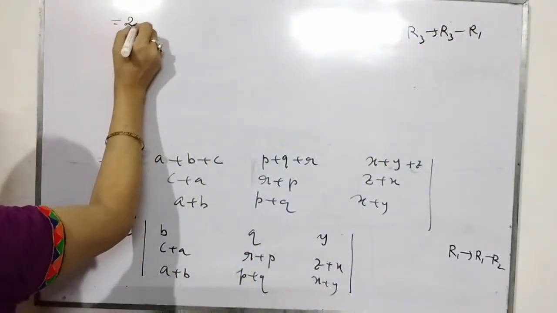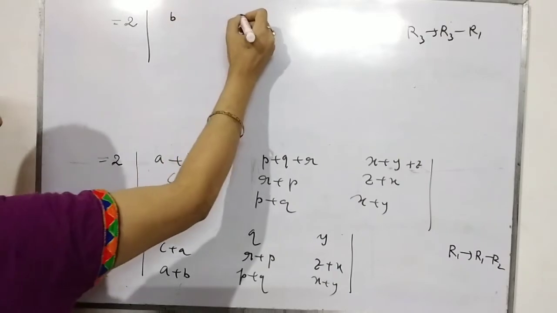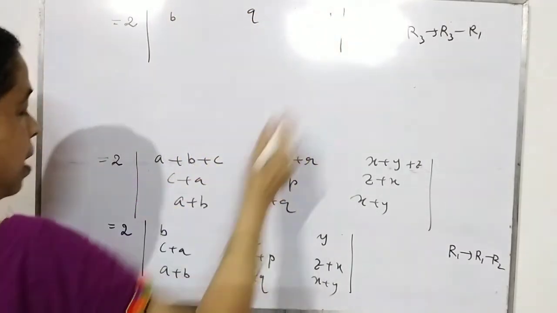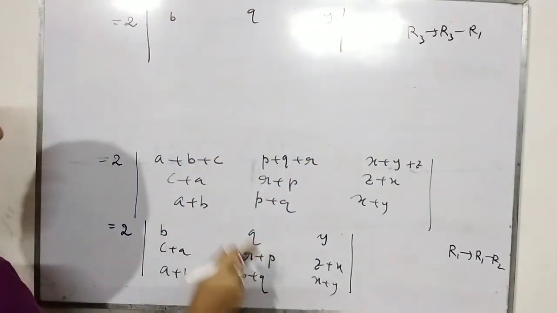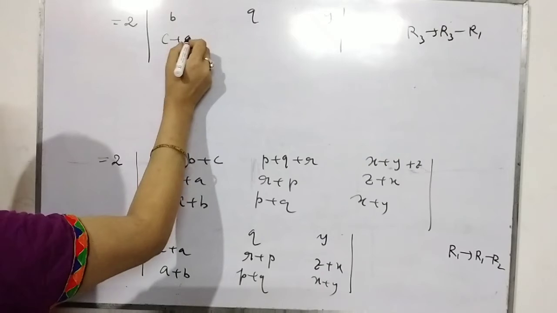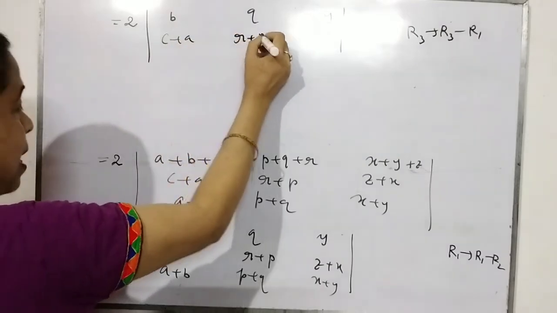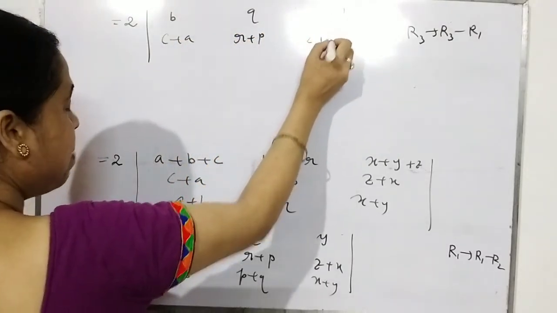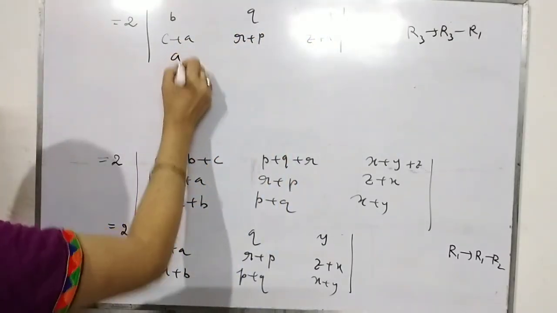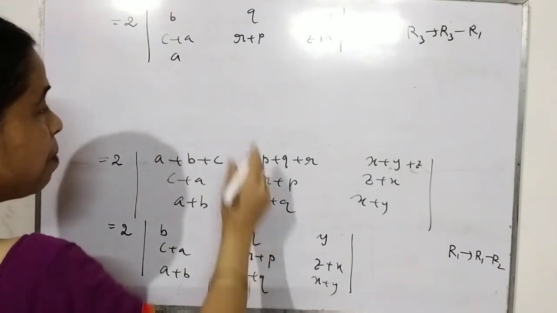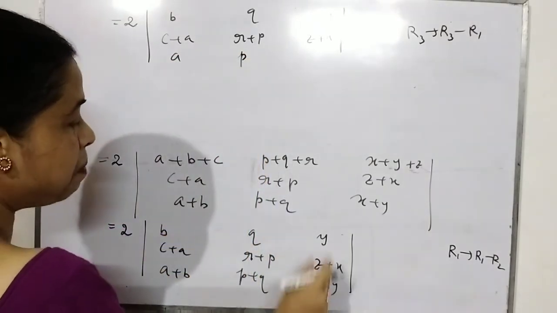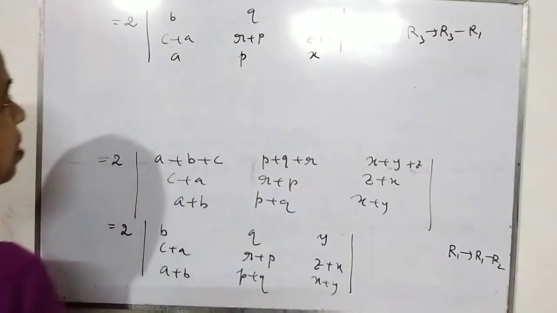Then it is B, Q, Y. If I replace this minus this, row 3 I am going to apply. So C plus A, keep it as it is. R plus P, Z plus X. A plus B minus B will be B, A will be left. P plus Q minus Q, P will be left. X plus Y minus Y, X will be left.